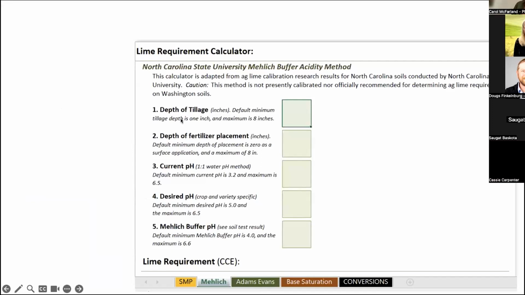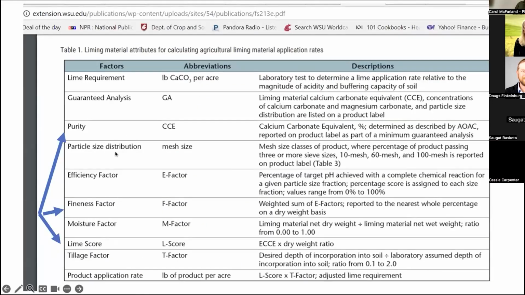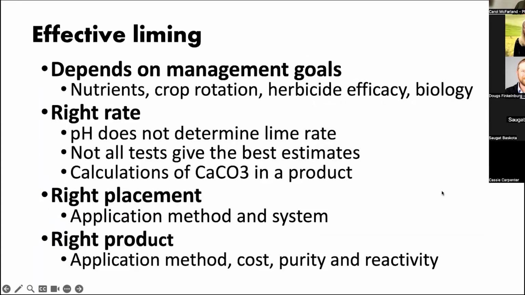So this is what that looks like. All of the math that I just showed, it helps to get you out of maybe doing some of that. So when you're looking at lime, you want to make sure you look at the calcium carbonate equivalent. That's the purity. Also, there's the fineness factor and the lime score. And those all go into understanding how much lime to apply.